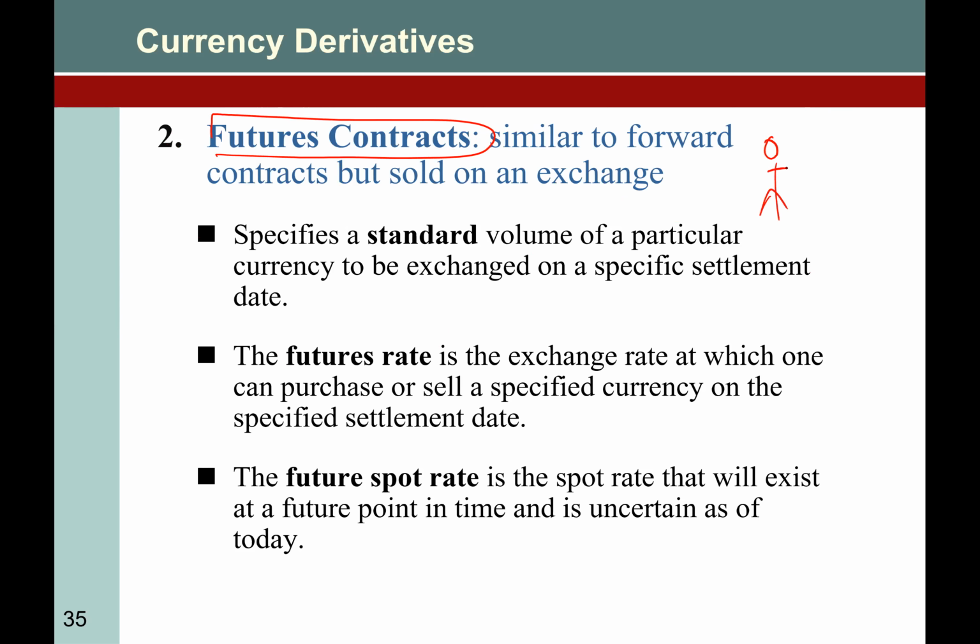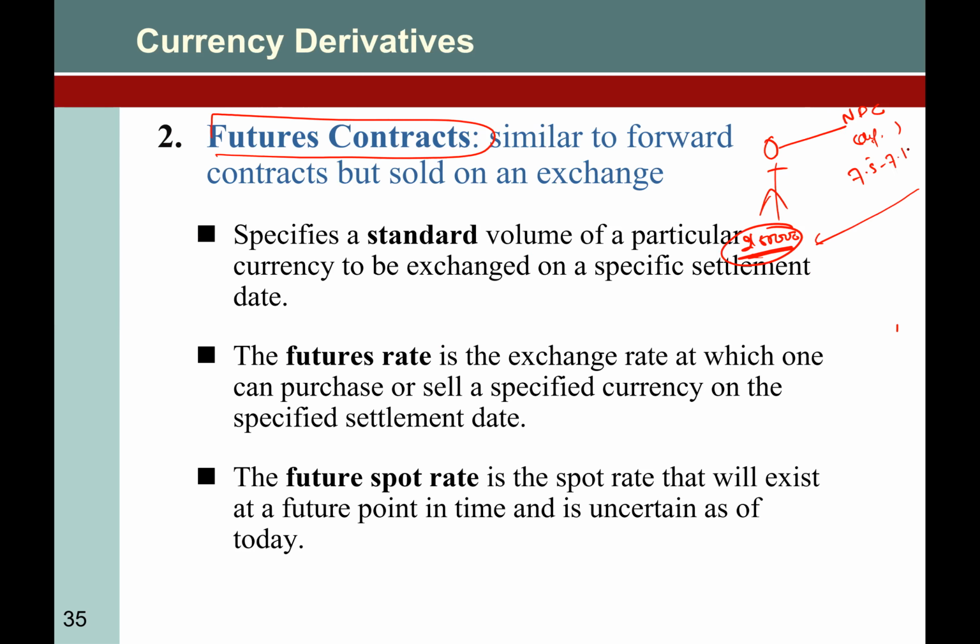Number one, you have the money. For example, you need 200,000 and you have the money right now. You enter into a future contract, for example non-deliverable. You say, look, I'm not going to buy this 200,000 from the dealer. Let's settle the differences.